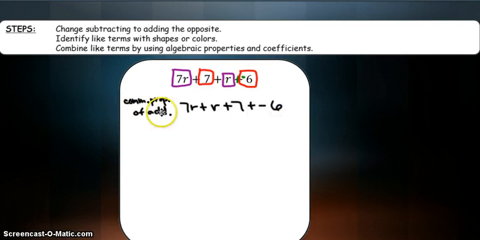That commutative property means that we can put it in any order we want to. We also have to use the associative property of addition, because we want to group those like terms together.